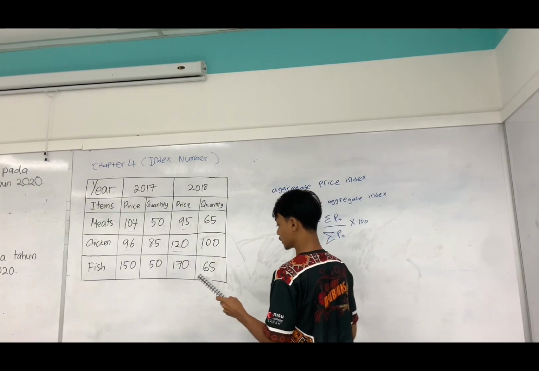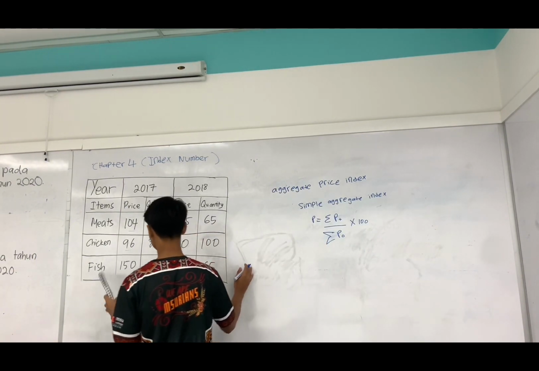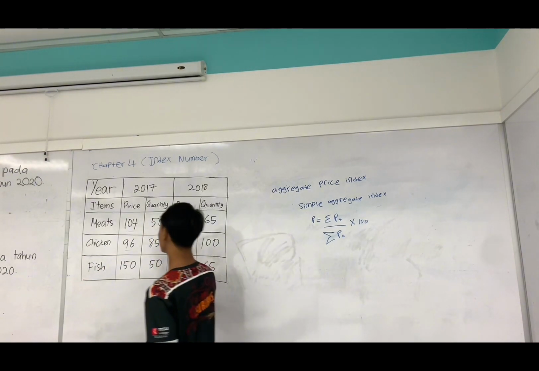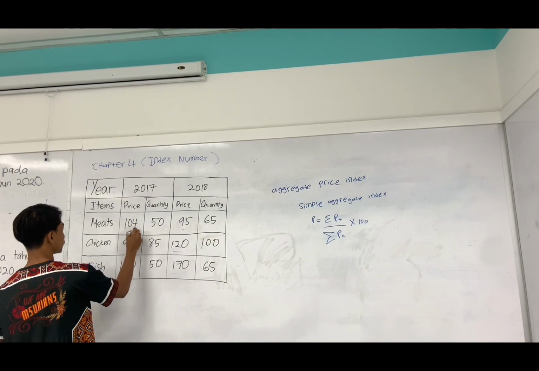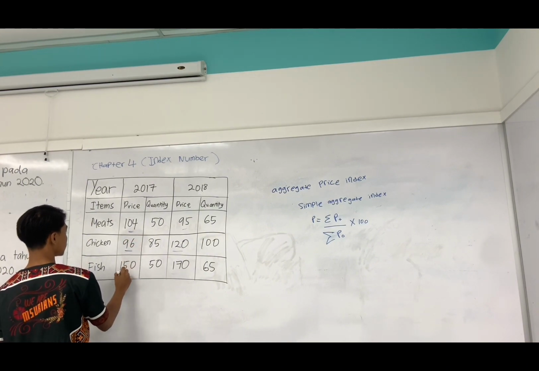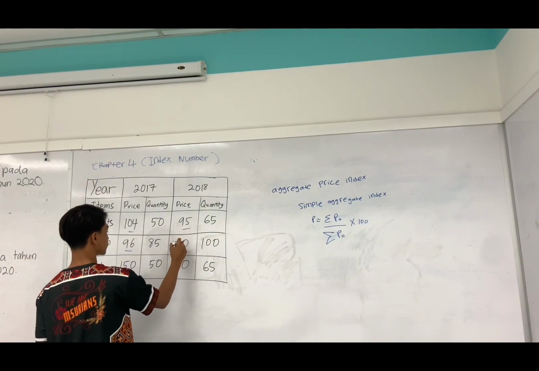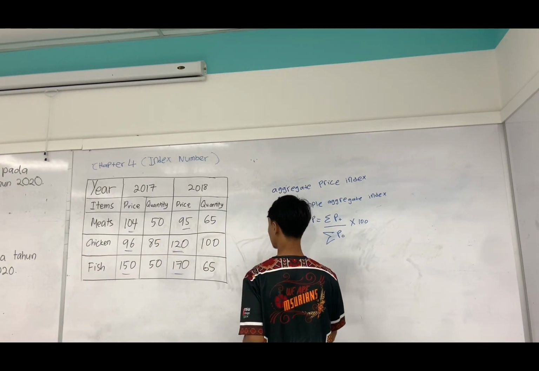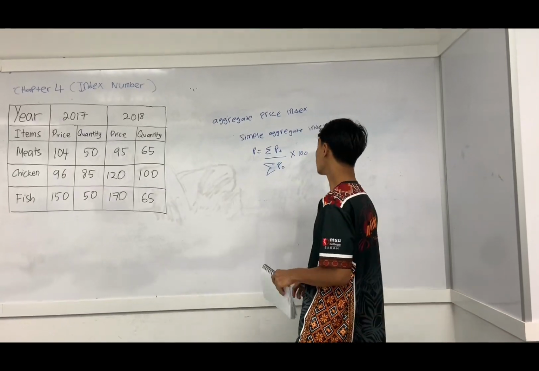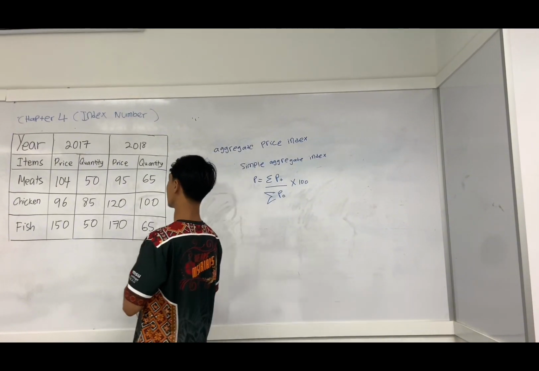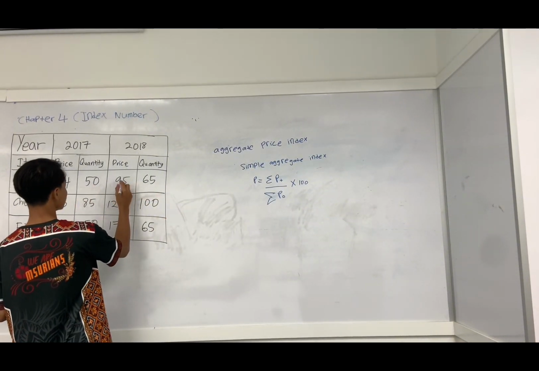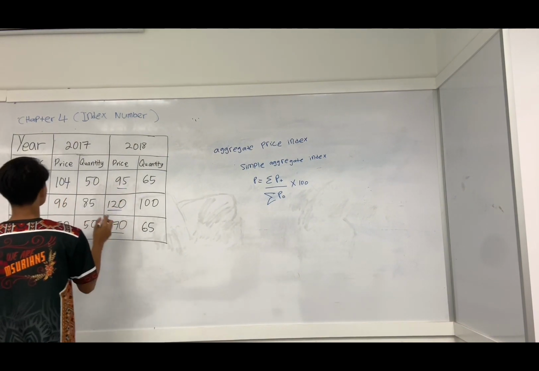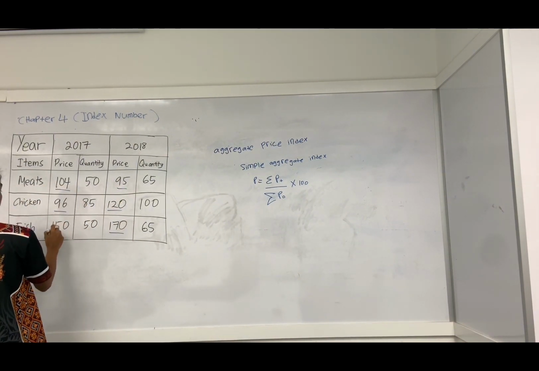So simple aggregate index we can get from all prices in 2017 and 2018. For simple aggregate index, we need to add all these numbers in 2018 and 2017.